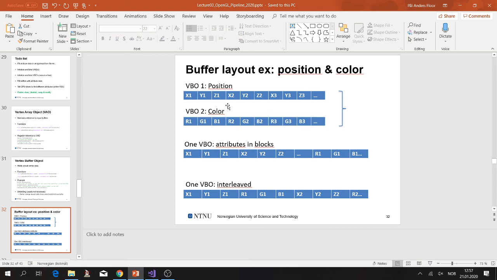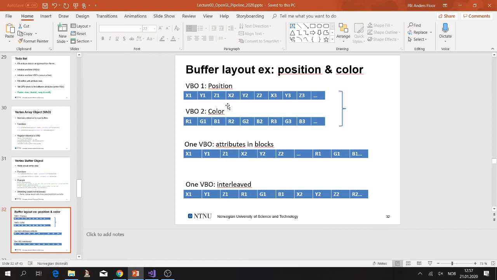Another way of putting up the buffer is that you have all the position coordinates first, and then you have all the color coordinates at the end. The advantage of this is that you now deal with only one buffer, so you only have to bind one buffer for that particular object.